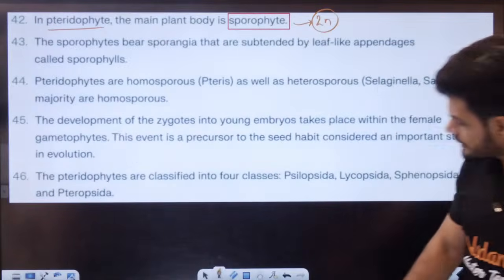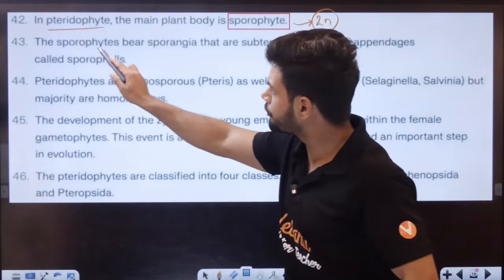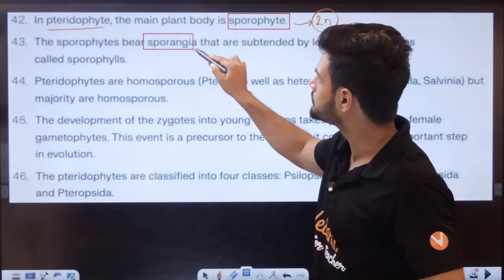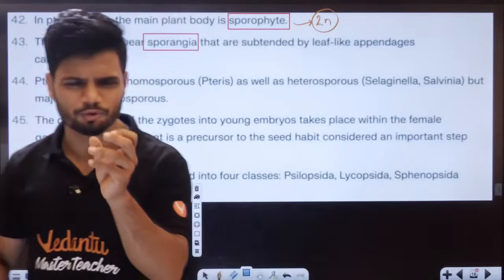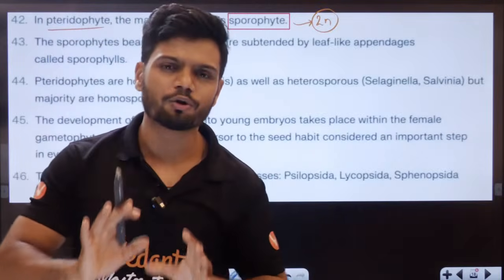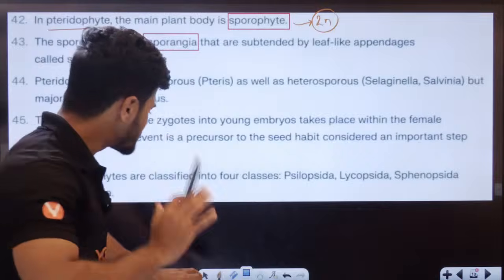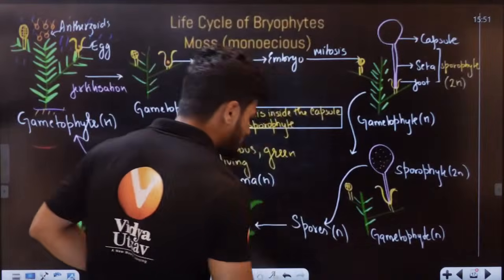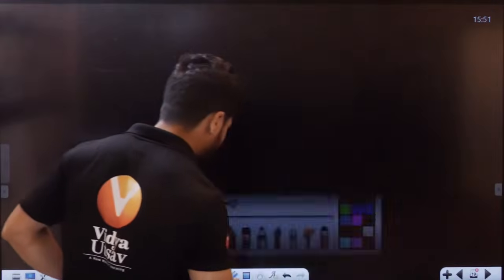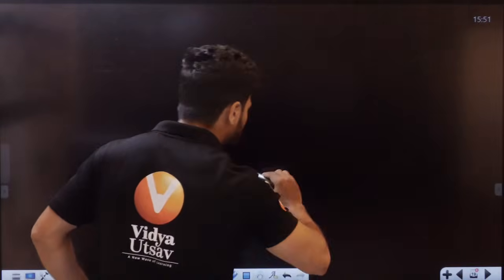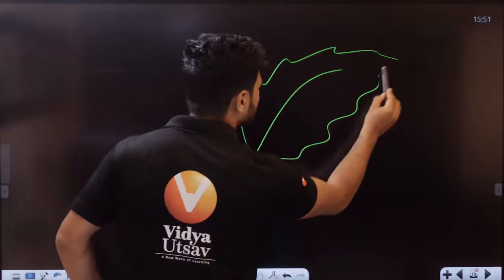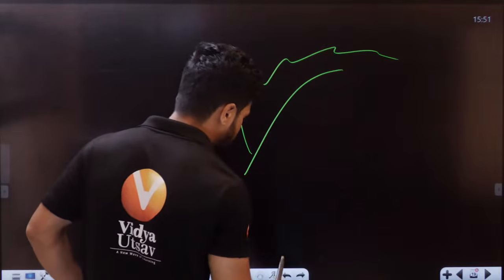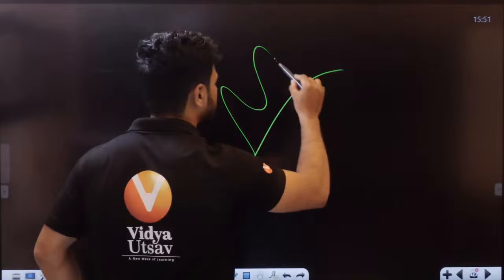Okay. Now students, the sporophytes bear sporangia. तो इसमें sporangia मिलता है. Now what is sporangia? Let me give you an example. अगर आपने कहीं देखा हो तो लाइफ के अंदर, okay? Students, have you ever noticed, इस तरह से एक पत्ता होगा, ठीक है? इस पत्ते के पीछे इस तरह से एक पत्ता होगा, देखो.